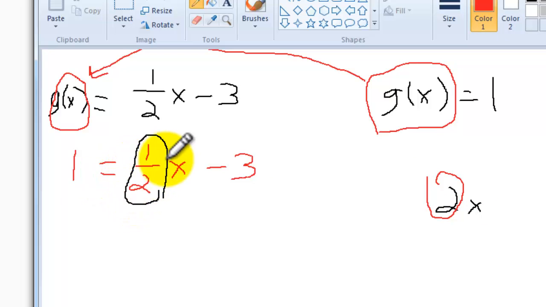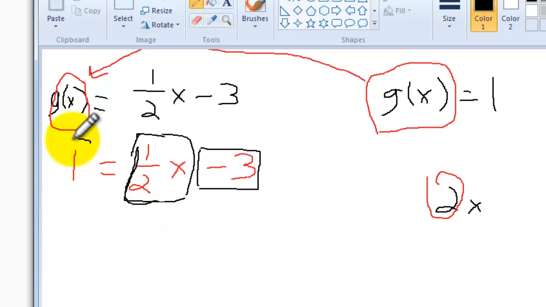And this is 1/2 times x. But we don't want to mess with that term first. You have to really look and say the like terms. This whole thing is a term. 1/2 x is a term. And 1 is a term. And like terms says these two are alike. The -3 and the 1 are alike. So those two are combined.